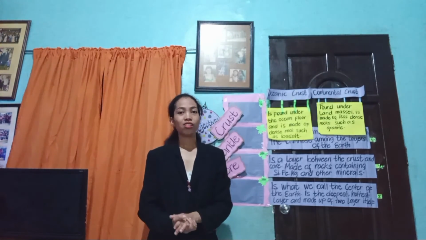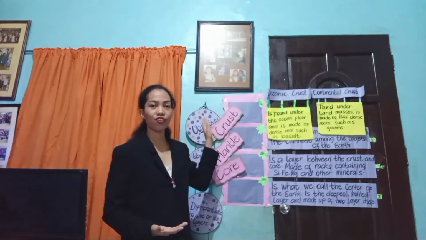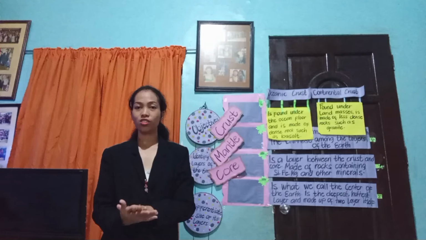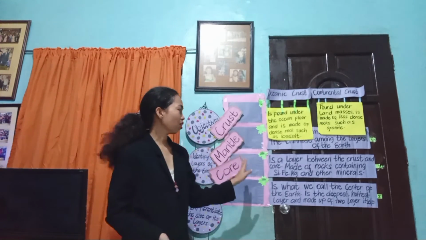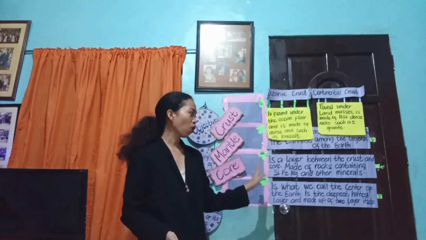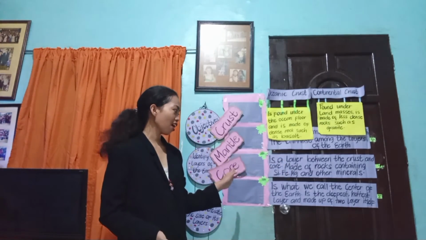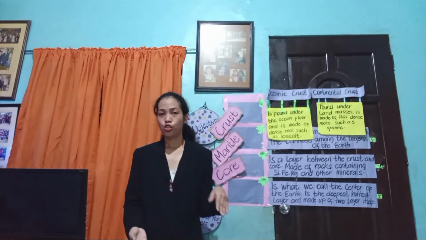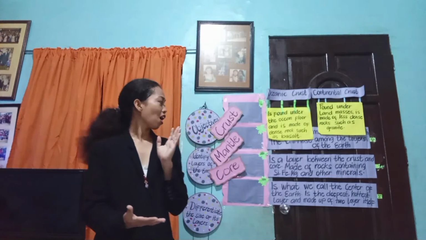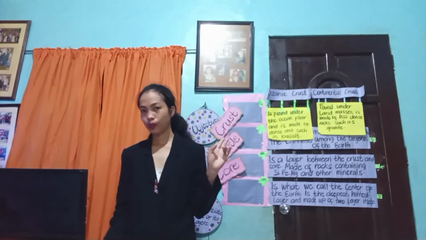Since we are now finished with the crust, we need to proceed to the second layer, which is the mantle. The mantle is a layer between the crust and core made of rocks containing Si, Fe, Mg, and other minerals. The mantle also has two types.